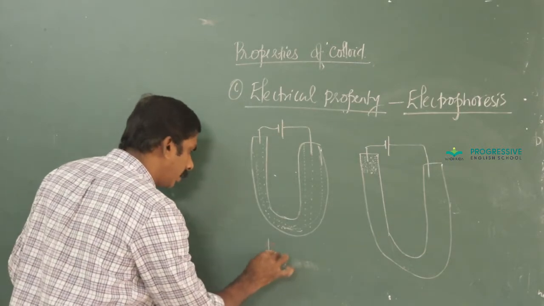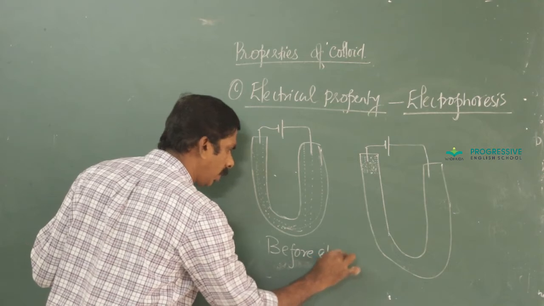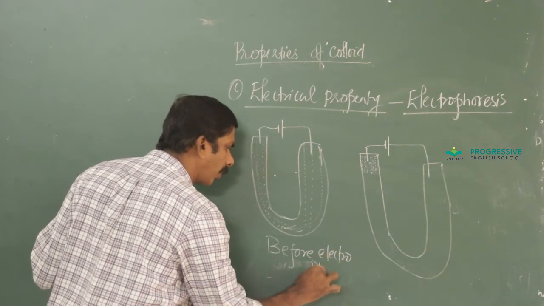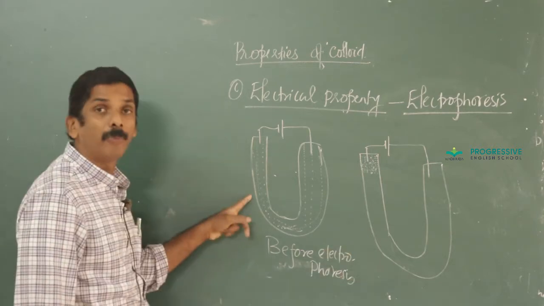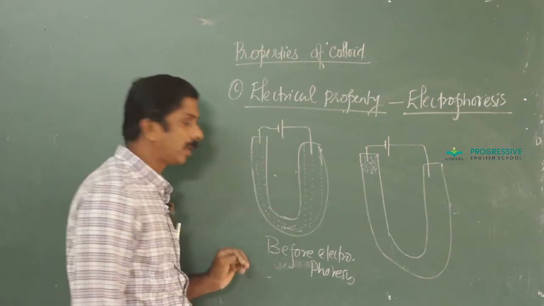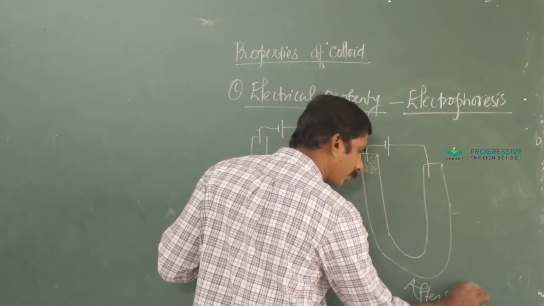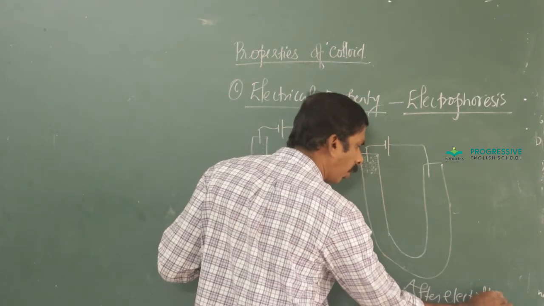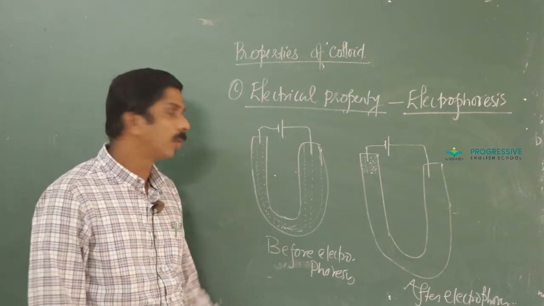The first diagram is before electrophoresis, before completing the circuit. This is after electrophoresis. Got the difference between these two?